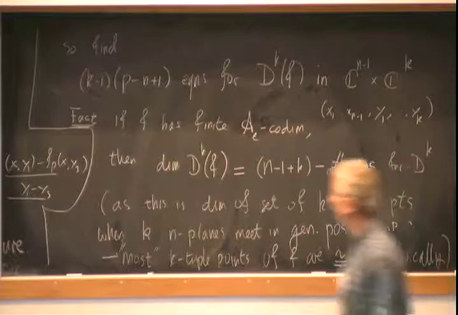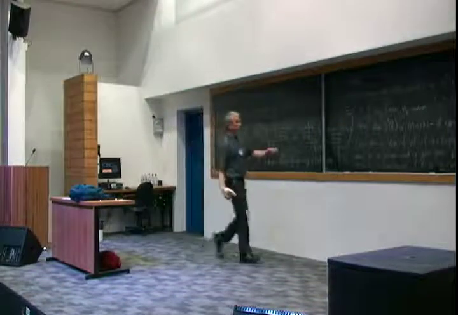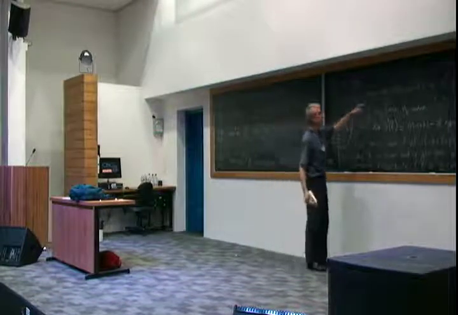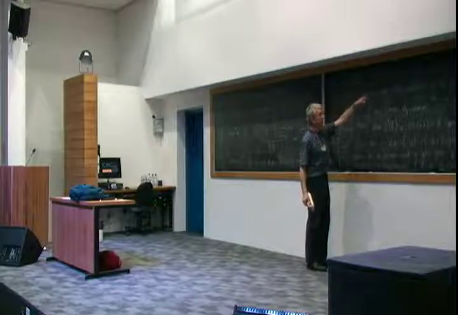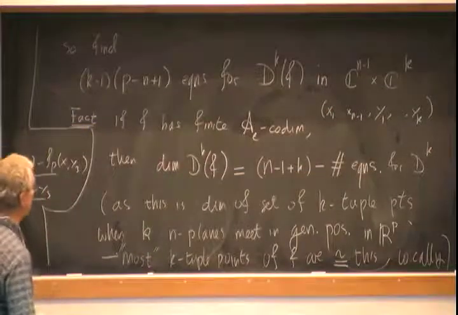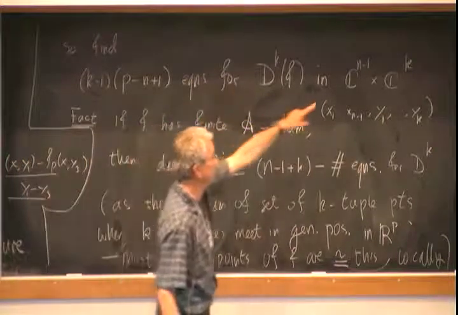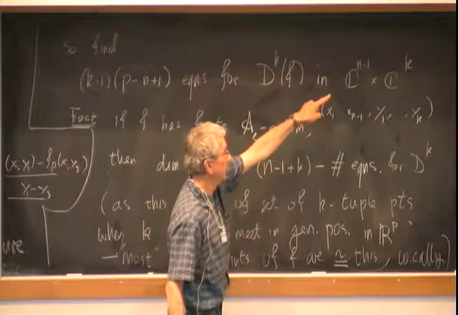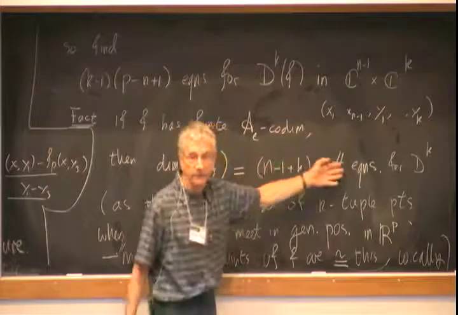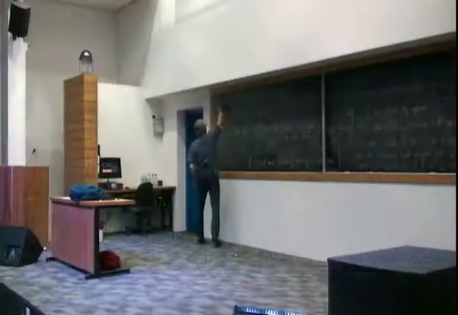Okay, so this is a very nice fact that if f has got finite codimension, we can define this space dk, and its codimension in here, the difference between this dimension and the dimension of dk, is exactly the number of equations.